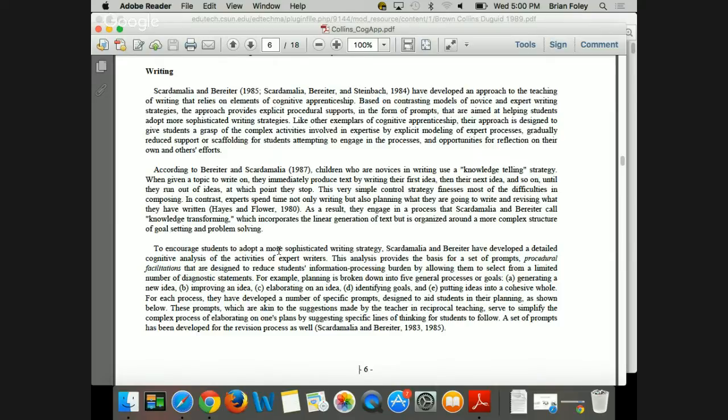And so then let's move on to writing. We'll see a similar idea. The Scardamalia and Bereiter group, man, those people were so far ahead of their time. It's crazy. They were doing collaborative documents in the 80s. Before the internet.